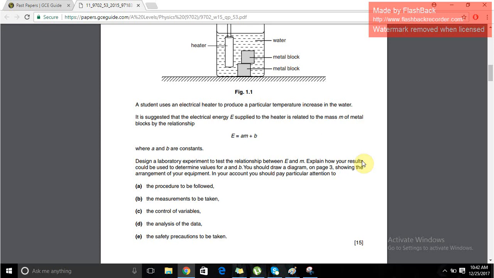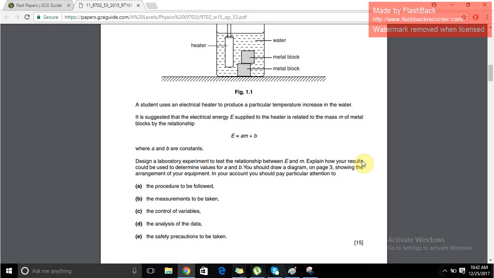And you'd have to provide a constant voltage and electricity to the heater. So you basically need a constant EMF supply which is providing constant power to the heater.